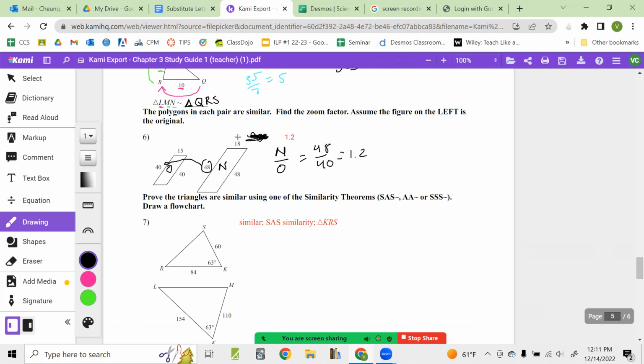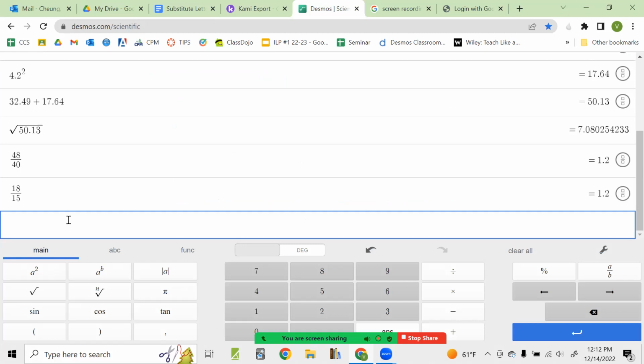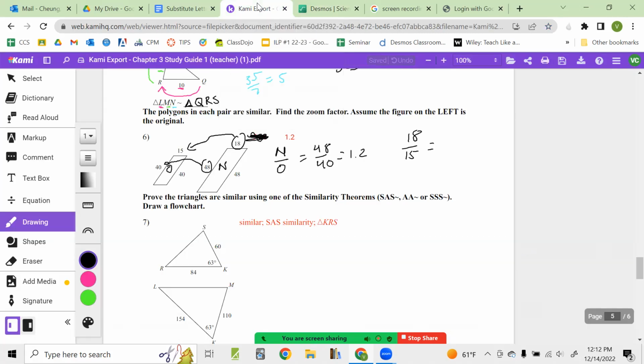We can double check 18 over 15, the short sides. Let's check out that zoom factor. 18 over 15, 1.2, good. So look, just to remind you what the zoom factor means, if we took the 40, right? I'm gonna highlight in pink right now.